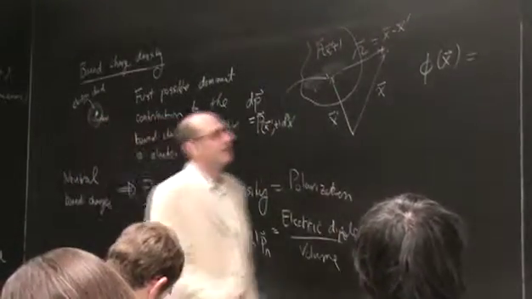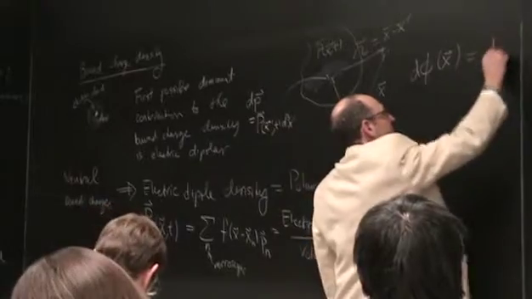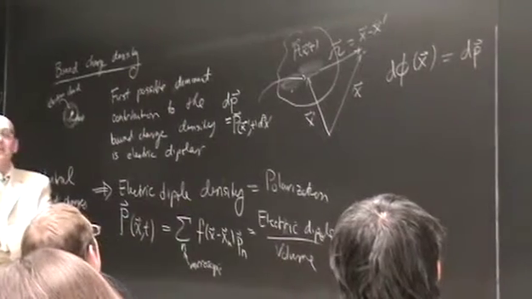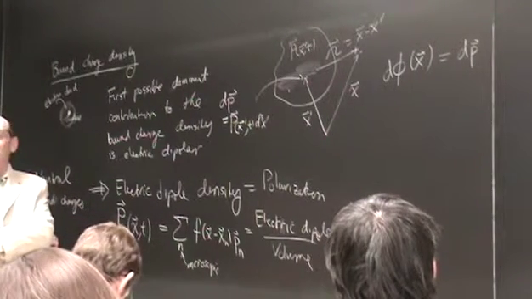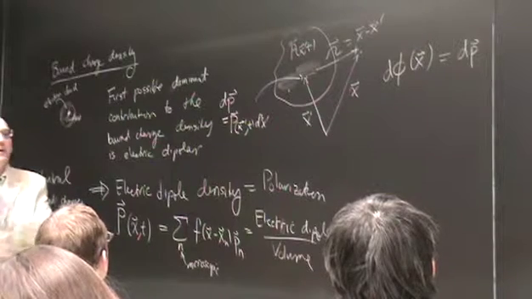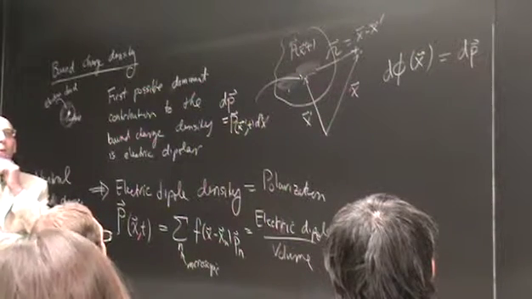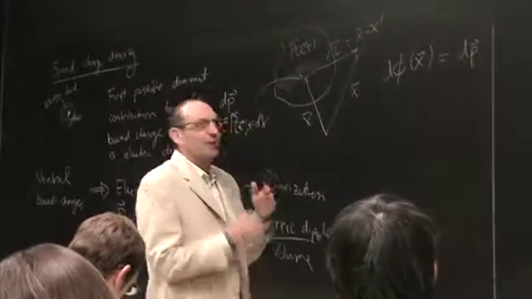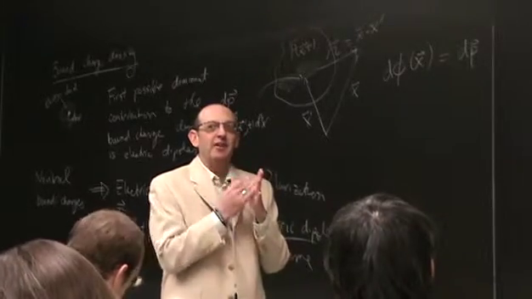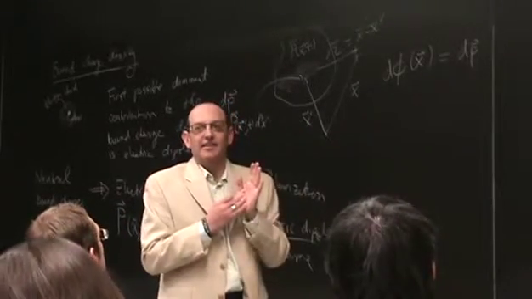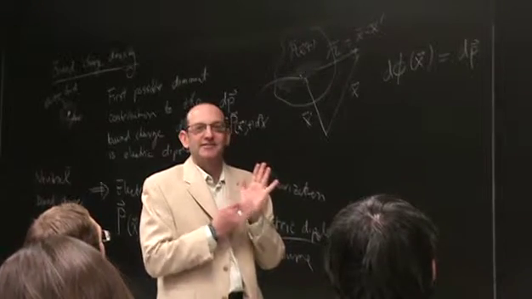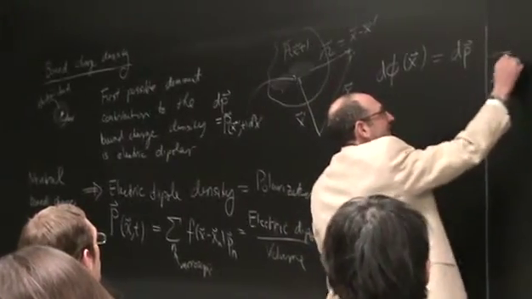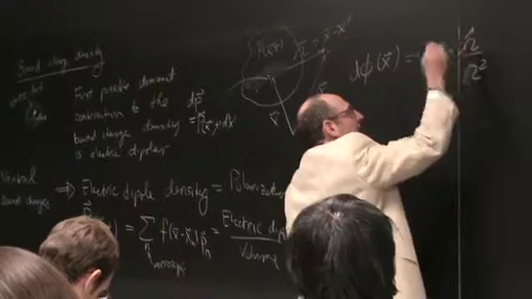Sorry about my horrible handwriting. Given a dp, what is the d phi? It's proportional to dp, and it goes like 1 over something. How fast does the potential fall off? 1 over r squared, so that's good. And it's in the direction of the dipole.